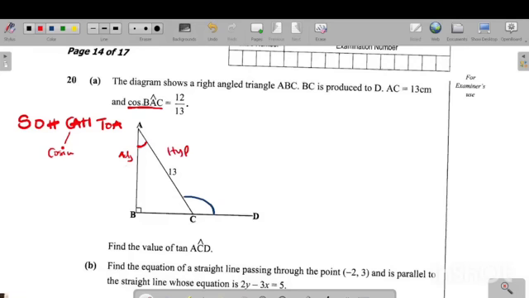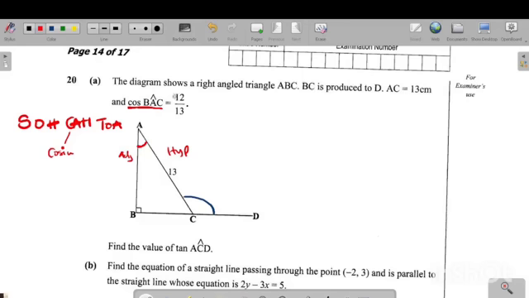So cosine BAC, the cosine of this angle, according to SOHCAHTOA, is adjacent over hypotenuse. The value for the adjacent is 12.